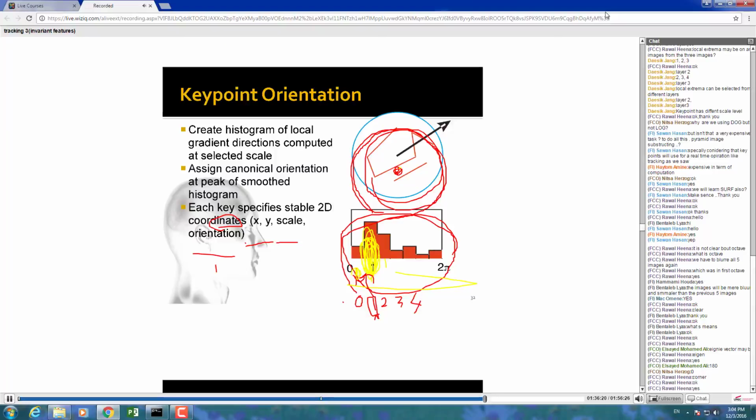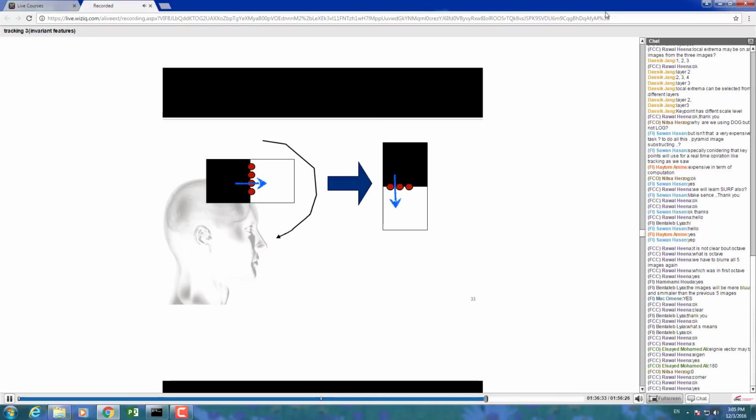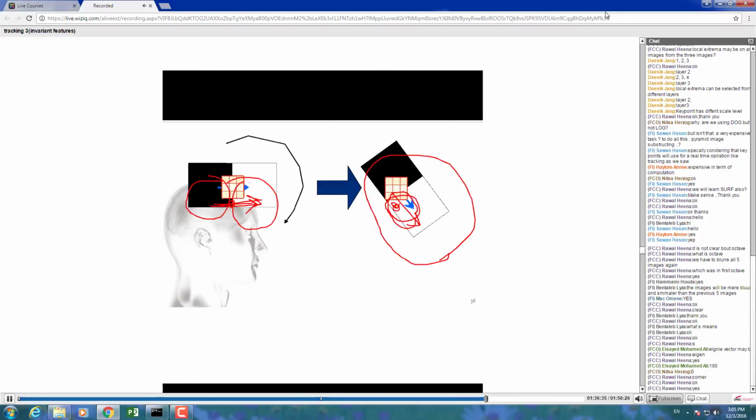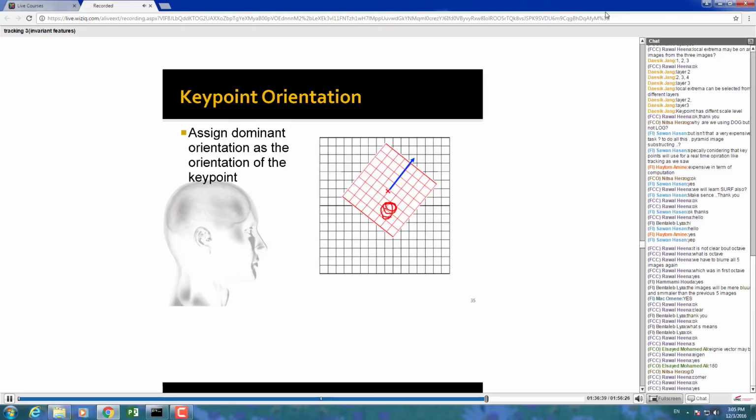So this dominant angle calculation, orientation calculation, is used to make this feature when we are calculating the descriptor. To calculate a rotation invariant feature, we are using this key point orientation. So we'll see how it can be used.